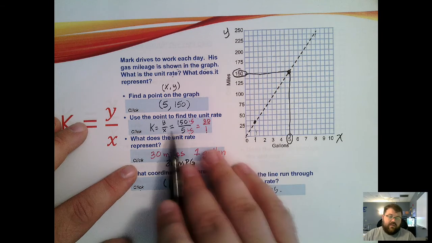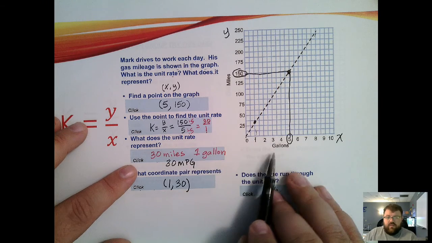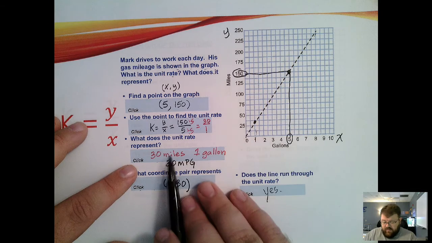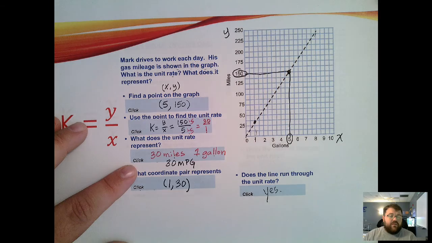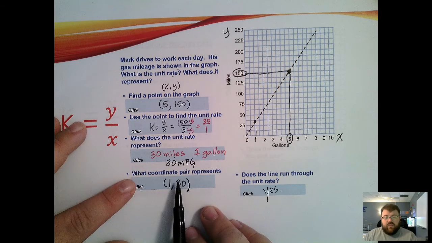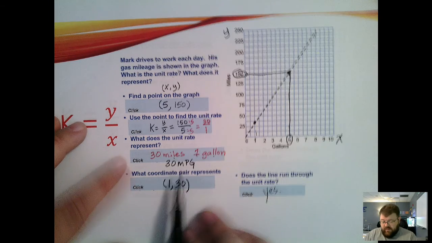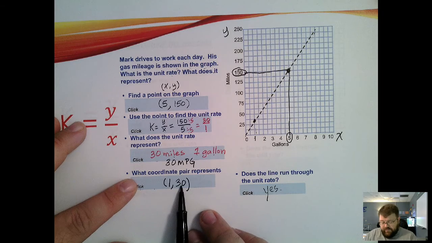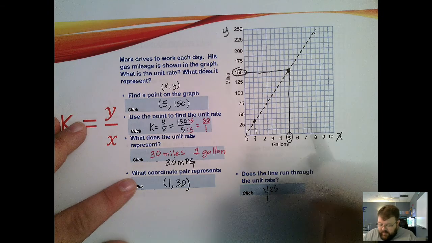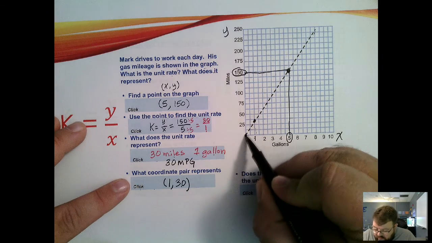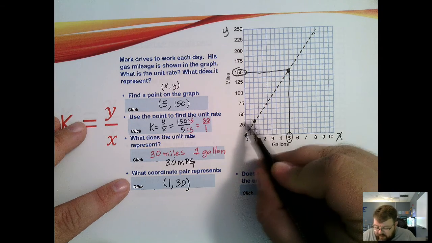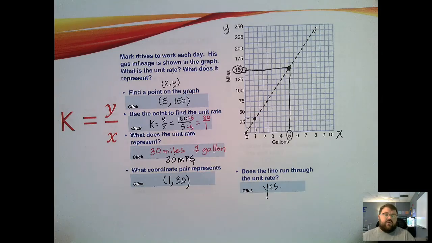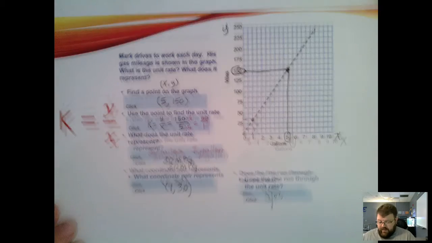The title of the x-axis is gallons, so 30 miles, 1 gallon, or 30 miles per gallon. Remember, your coordinate pair that represents this is 1, 30. And I go to my graph, start at the origin, go over to the 1, and go up and put a dot and see if it's about 30. And it is.